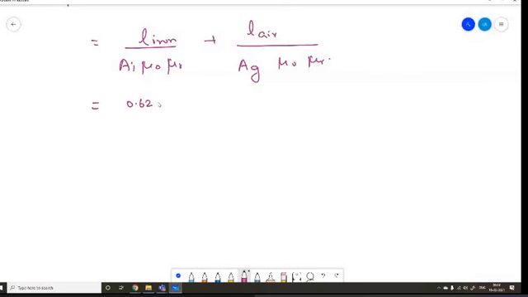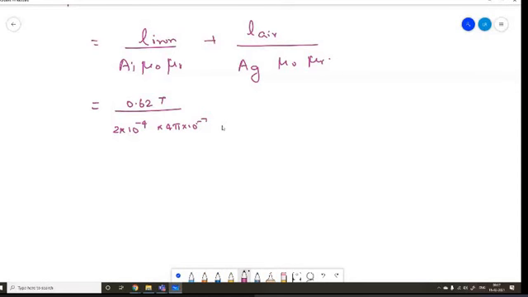0.627 divided by Ai. It is given in centimeter square, so you have to express this in meter square. It is actually 2 into 10 to the power minus 4, into 4 pi 10 to the power minus 7 into mu r. Mu r is given in the question to be 1000.